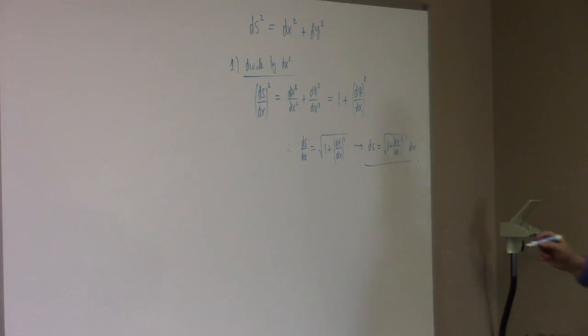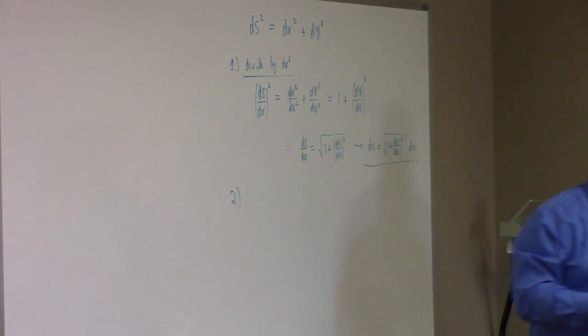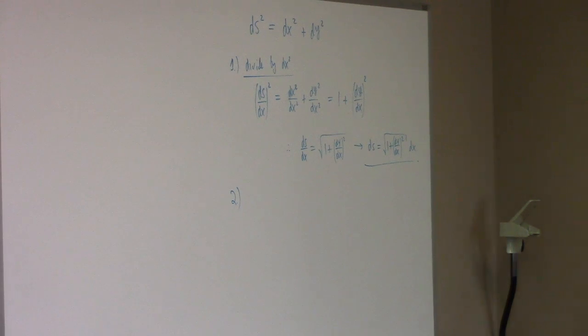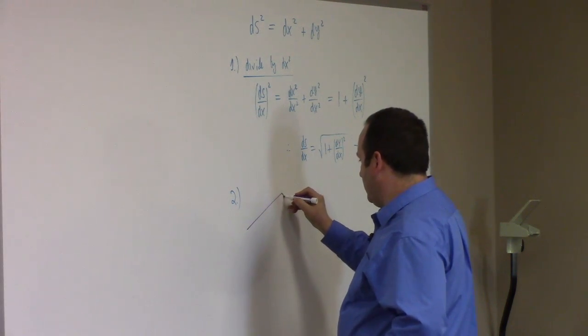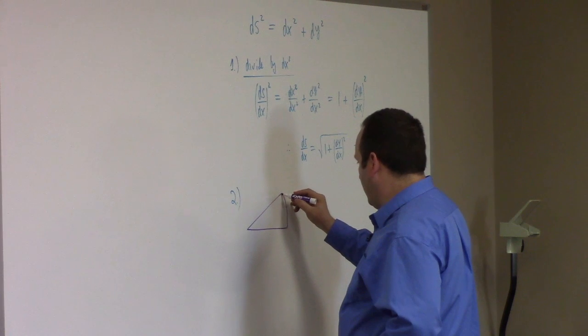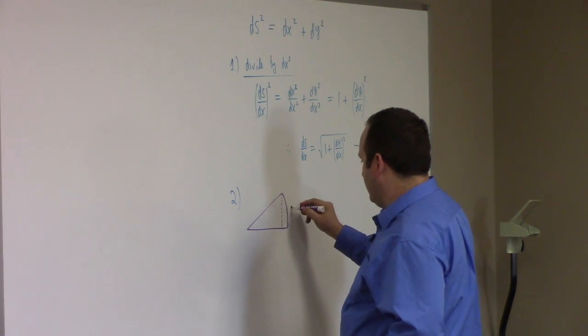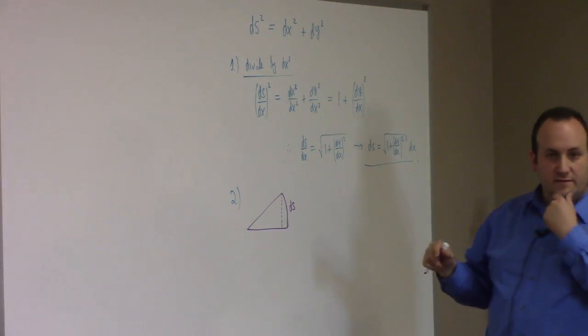The other way to go about it would be to draw yourself a little tiny triangle, like so. On the one hand, you have this ds here, the curved arc length.